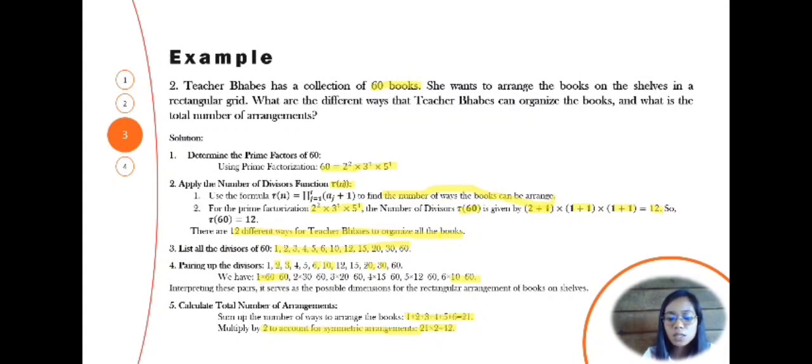Rather, it's the sum of the possible numbers of rows in each arrangement. To summarize, Teacher Babes has 42 different ways to arrange the 60 books on the shelves in a rectangular grid, and each arrangement represents a different geometric layout for the bookshelves.